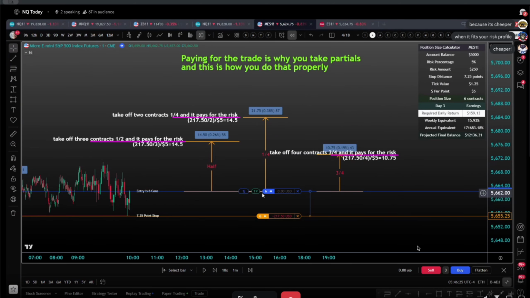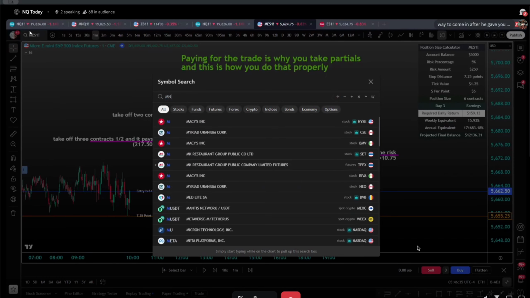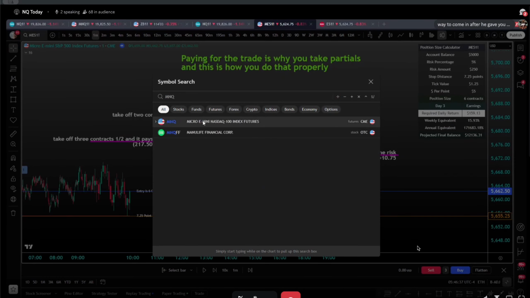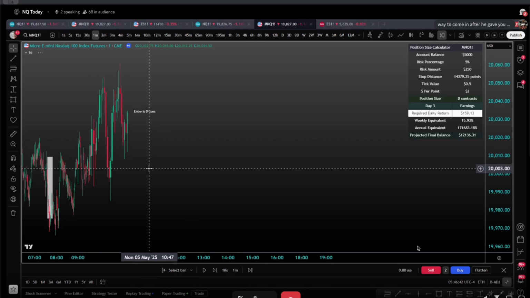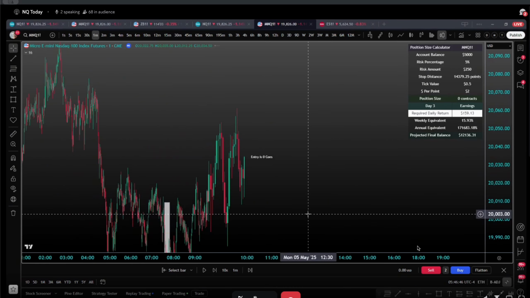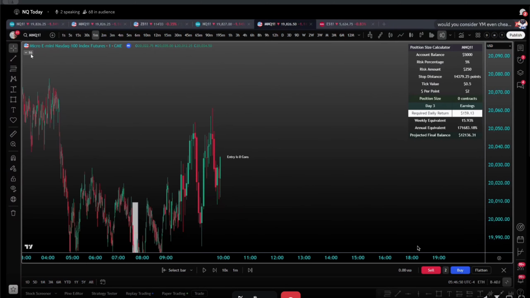Watch it mess it up. I'll have to come back. But this same location for ES is worth 6 contracts, 217. Right now we're going to go to MNQ. Take the same exact trade. Oh yeah, I gotta adjust the position size.